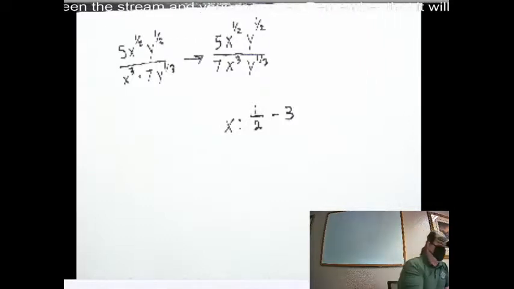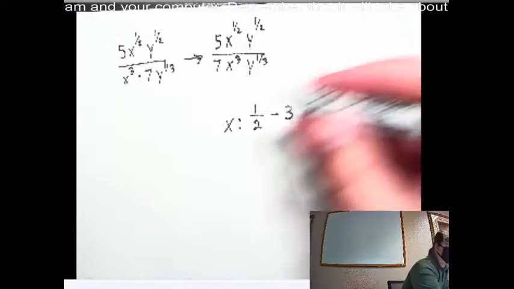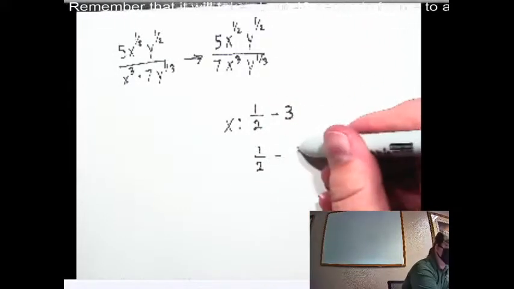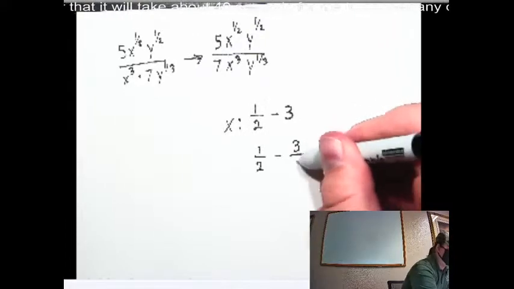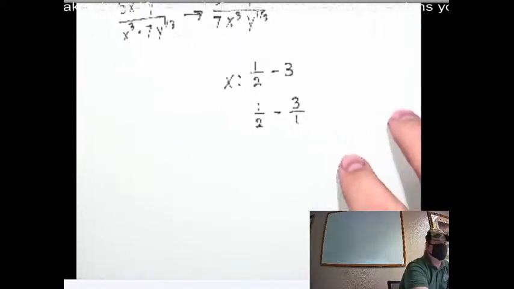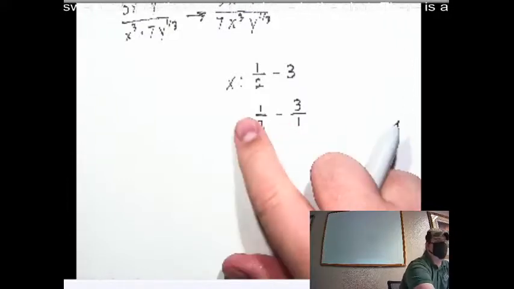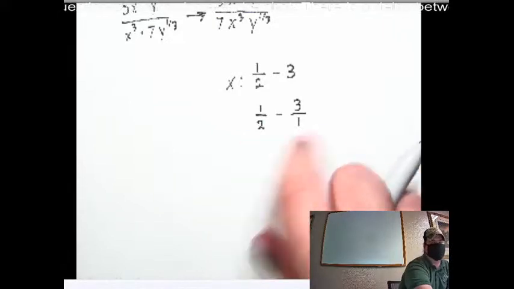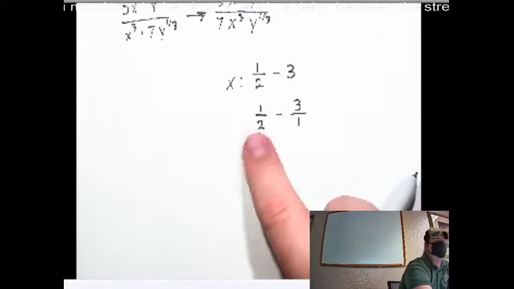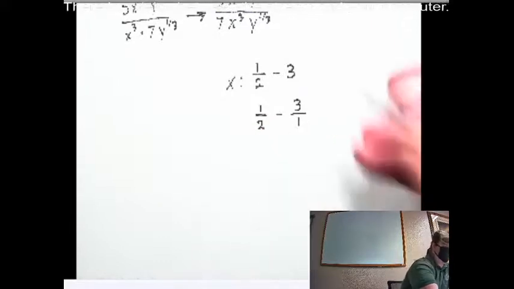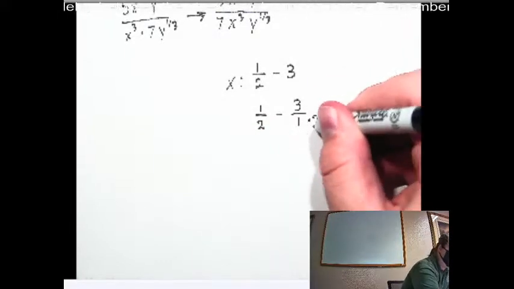Yeah, good. Put it over 1, make it into a fraction. So 1/2 now minus 3 over 1. What else am I going to need to do here in order to be able to subtract? We need to get a common denominator between these two. Perfect. So, common denominator between 2 and 1, well, it's easy to make this into a 2. I just multiply it by 2.